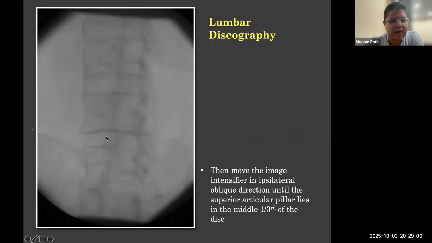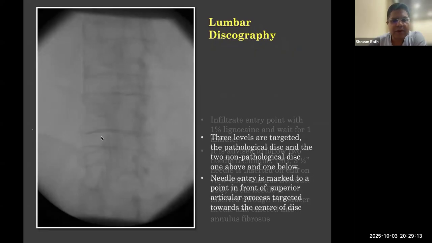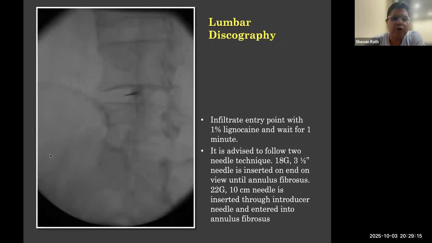Now, as I said earlier also, these are the superior articular processes. So your needle position will be just lateral to the superior articular process, and you enter. So this is the disc where you want to enter. We'll directly hit the superior articular process and you can glide over it and enter into the disc.